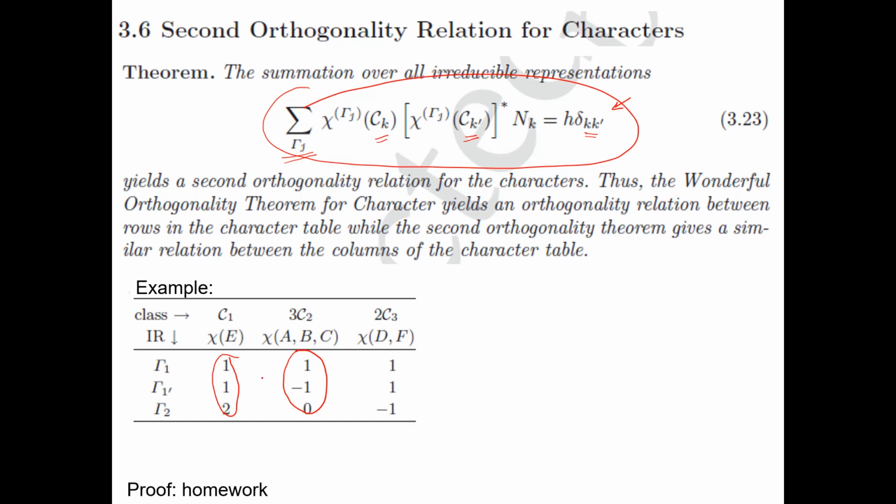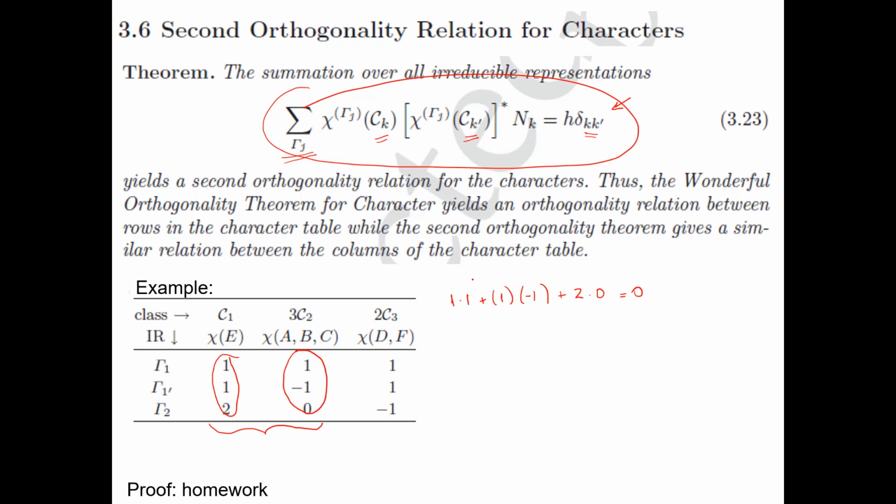So this is 1 times 1, the first row. The second row is 1 times minus 1, and the third row is 2 times 0, and this is equal to 0. So I have just shown you that this theorem works for these two columns.